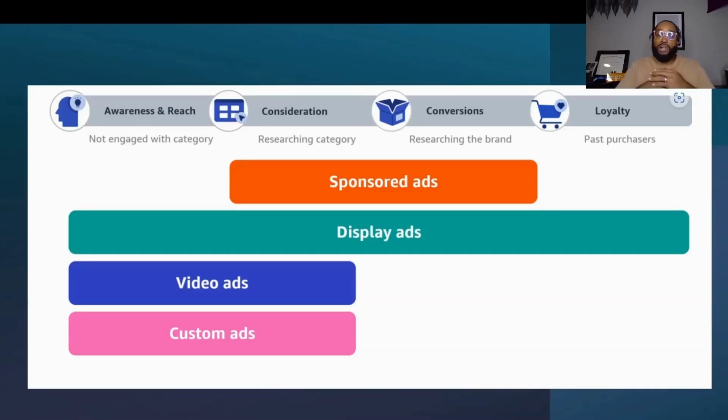You could couple the sponsored product campaigns with a sponsored brand campaign in the form of a video while you're running your automatic campaigns, your manual campaigns, or your product targeting campaigns.